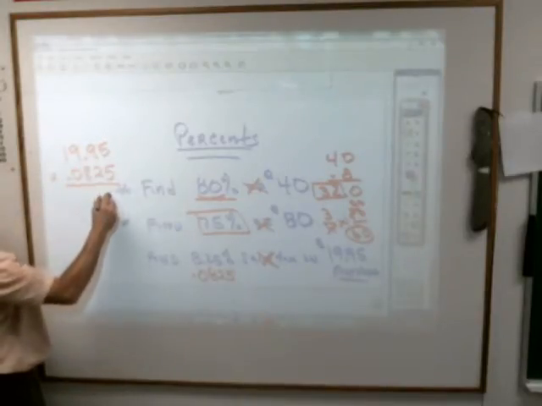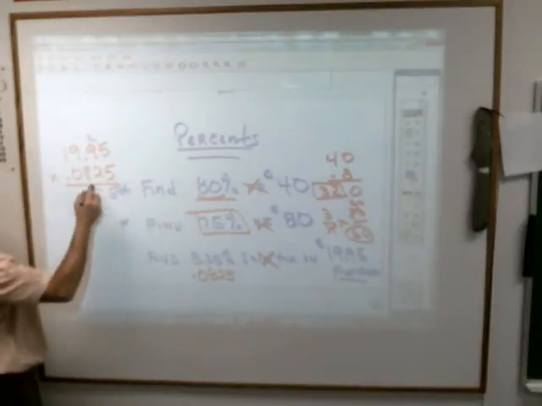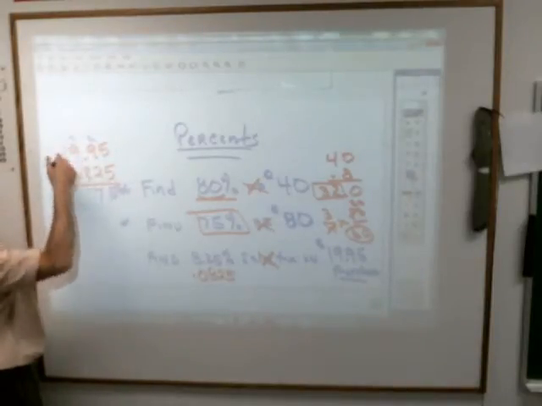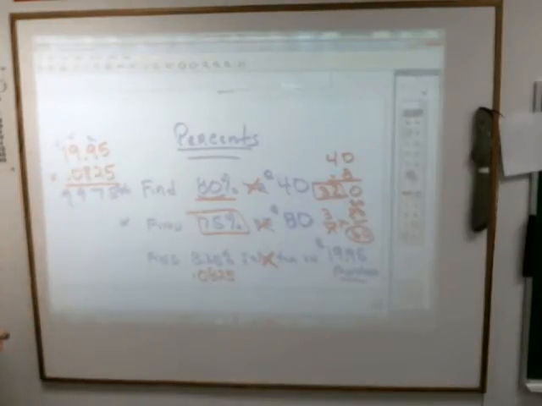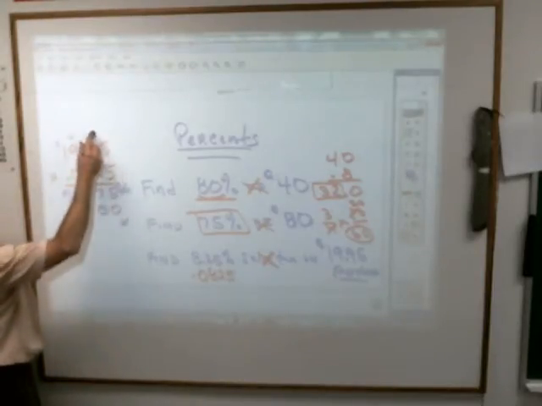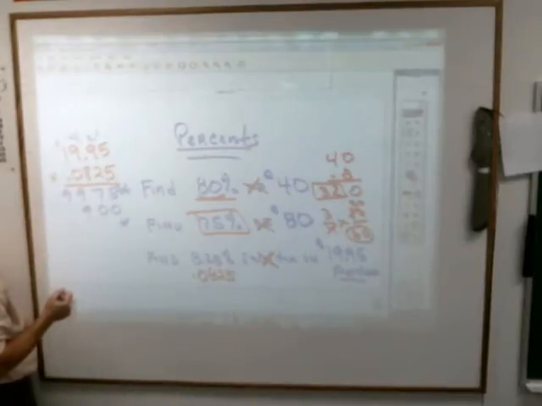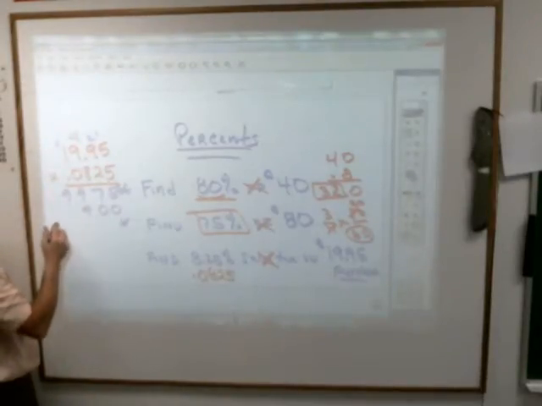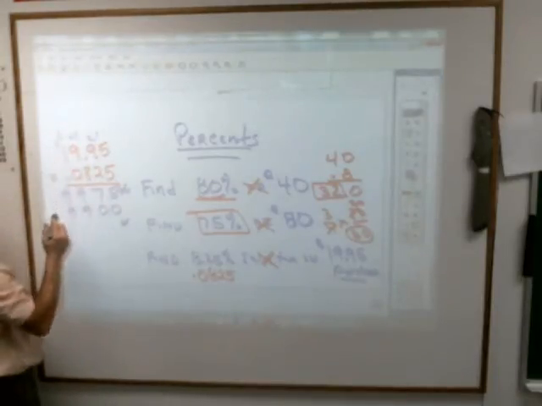5 times 5 is 25, carry the 2, 5 times 9 is 45 plus 2 is 47, carry the 4, 45 plus 4 is 49, carry the 4. Am I right on that first row, 9975? Yes. Second row, start with the 0. 2 times 5 is 10, 18 plus 1 is 19, 18 plus 1 is 19, 2 times 1 plus 1 is 3.